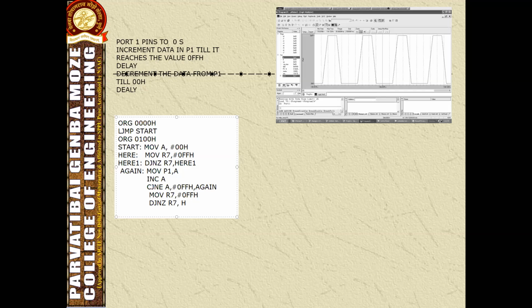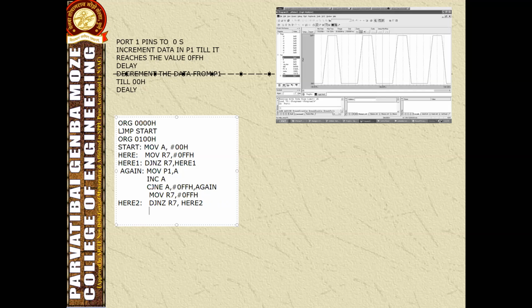If non-zero, then it will move to here 2. So where is here 2? Here 2. Start again from here 2. This is a delay function once again.